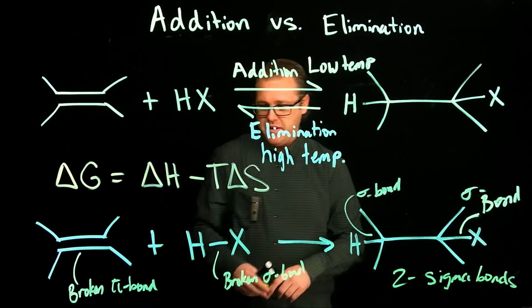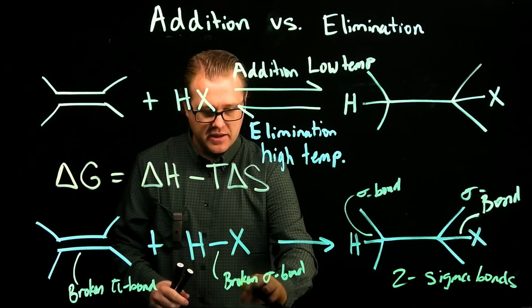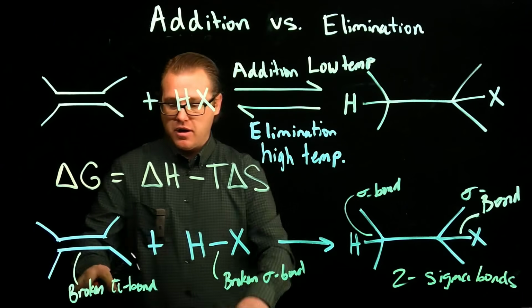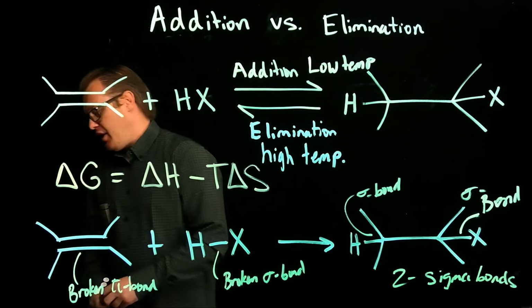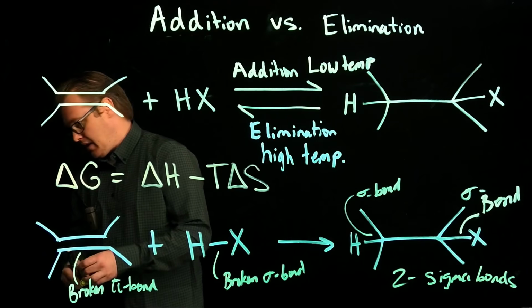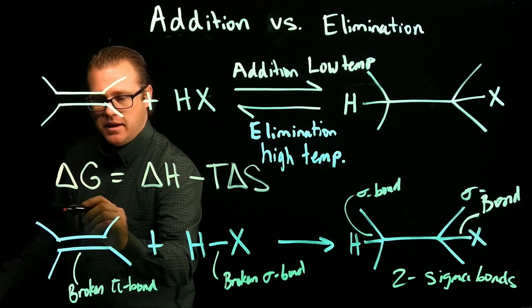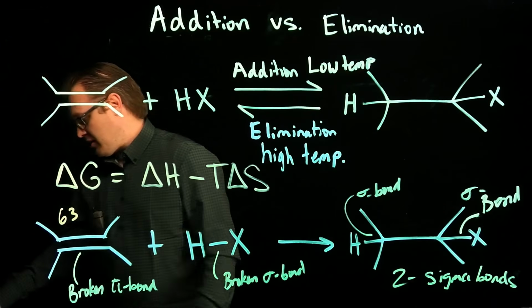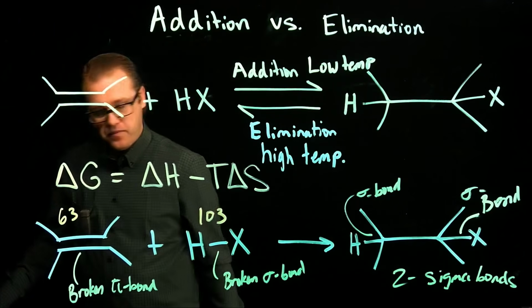And we've learned previously that a sigma bond is stronger than a pi bond. So if we put values to this, the amount of energy it takes to break this pi bond is 63 kcal per mole, and breaking this one is 103.